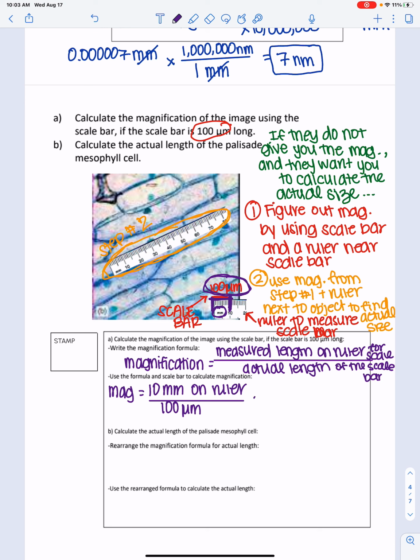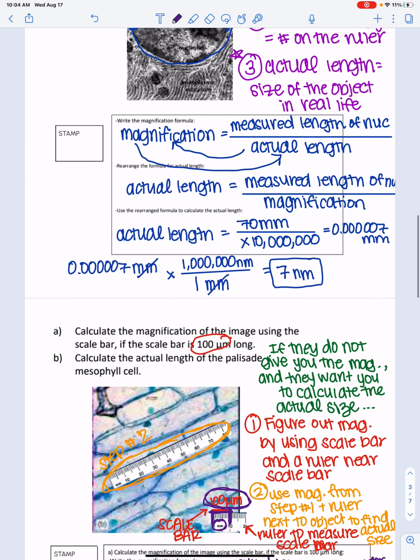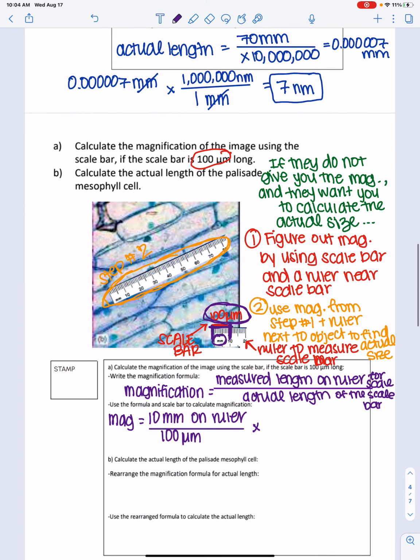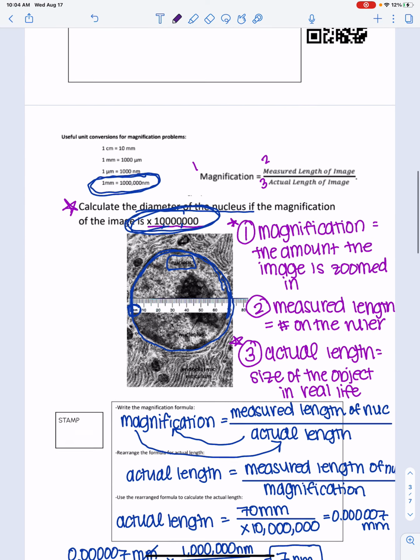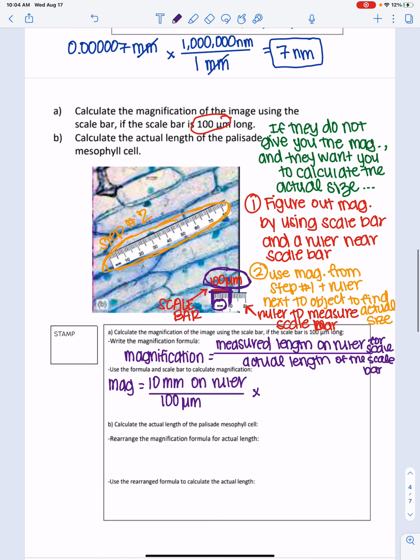Now, when we're doing magnification, an easy way to know if you're on the right track is you should cancel out all of your units. So we are going to have to use our conversions on the previous page. Notice I have micrometers and millimeters that I'm trying to transfer. So we are actually going to be using this one right here. We have 1 millimeter equals 1,000 micrometers.